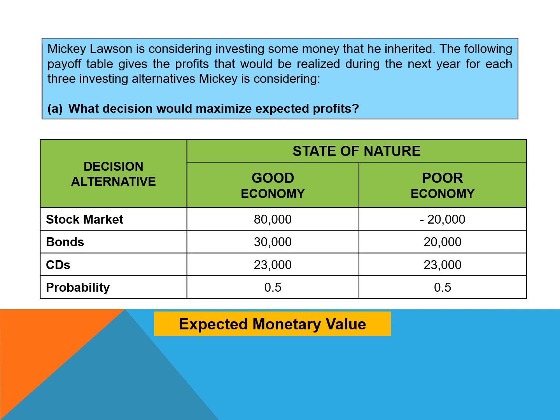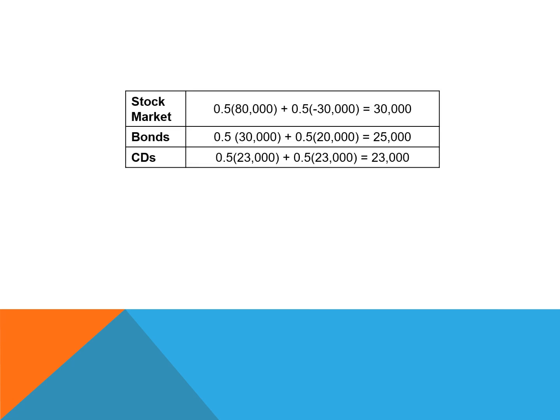So ang probability dito ay pag maganda yung ekonomiya is 0.5 at pag hindi maganda yung ekonomiya, 0.5 din. So let us proceed. Ito yung solution. Under the stock market alternative, 0.5 multiplied by 80,000 plus 0.5 multiplied by negative 30,000, we get 30,000.